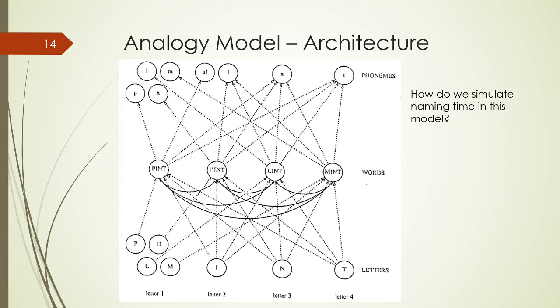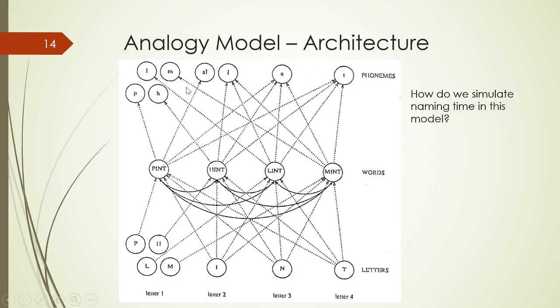But for now, I'm going to introduce you to the standard assumption, which is that each of these phoneme nodes at the phoneme level has a built-in threshold, which is some value, whatever makes sense, say 75% of total activation. Actually, modelers futz with where it is, but we will assume that each of these phoneme nodes has some threshold. And when a phoneme node has crossed threshold, we consider that phoneme to be selected for production.